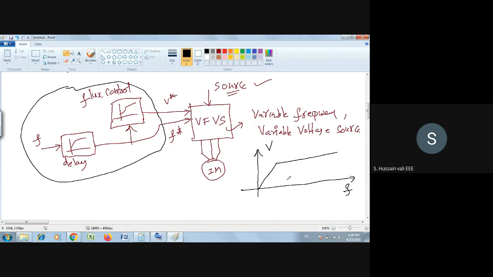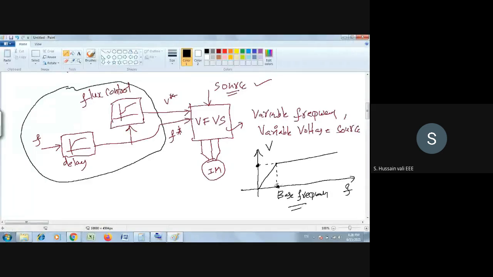So you see the graph, it's important. So this point, what is this point? This point is the base frequency, or you can call it the rated frequency.